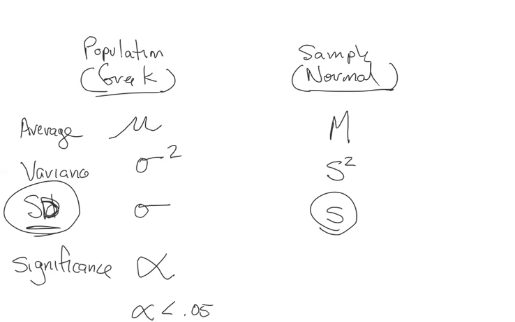Well, that's what we set ahead of time, and because it's theoretical, it's a concept like population, it's a Greek letter. Well, when we get to our statistics, we want to see p less than 0.05, and we use the letter p in statistics. So this gets you just a little bit of the notation for statistics.